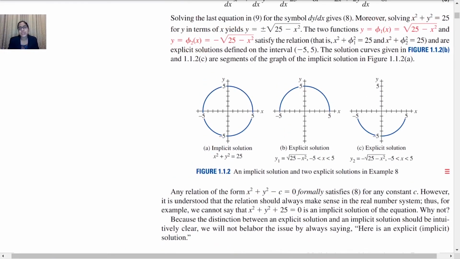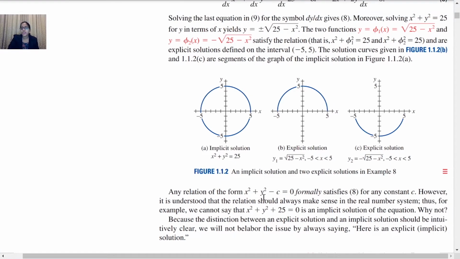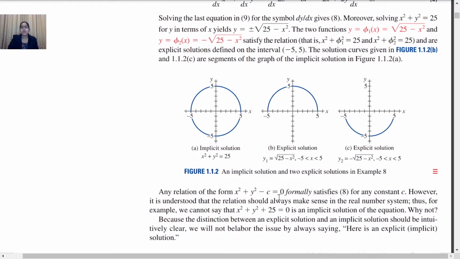There is one more thing we can keep in mind. We had considered x² + y² = 25. Is there anything important about 25? There is nothing important about 25. It can be any constant, because the derivative of a constant is 0. So the general equation x² + y² - c = 0 is the solution of the given differential equation.